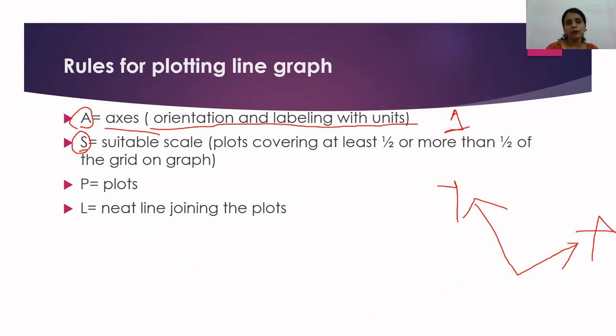Now this point is very important, suitable scale. Choosing a suitable scale is very important, because if you don't choose a suitable scale, it would be difficult for you to plot the points on the grid of the graph. The scale should be chosen in such a way that once you plot your graph, it should cover at least half or more than half of the grid on the graph.